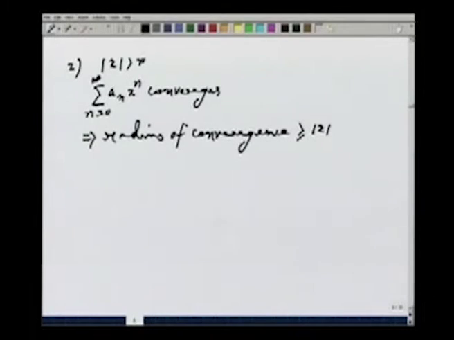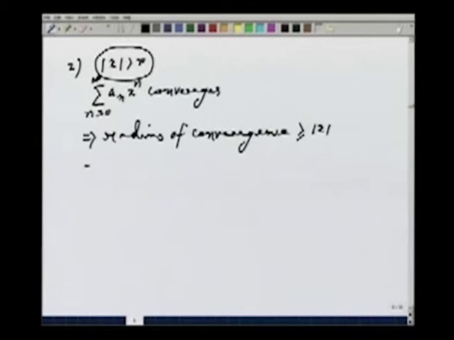Since mod x is one such, I already have an x for which a n x to the power n converges, so the radius of convergence must be bigger than or equal to mod x. But I already said that the radius of convergence is less than mod x.